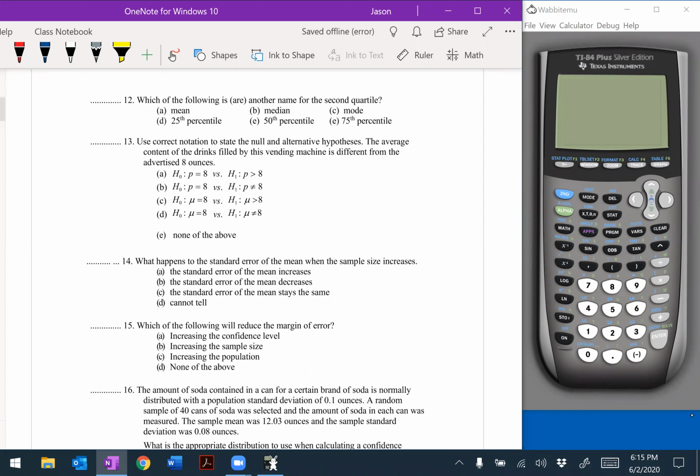Q2 on our box plot. Q2 also is called the median, and it's also called the 50th percentile because it's right in the middle. I'm going to go with B and E on that one.